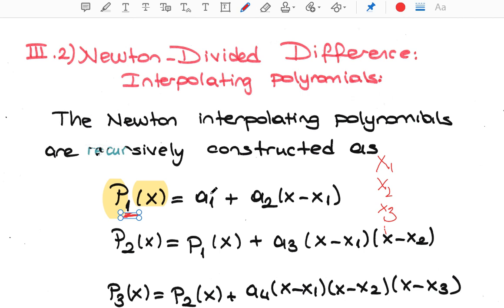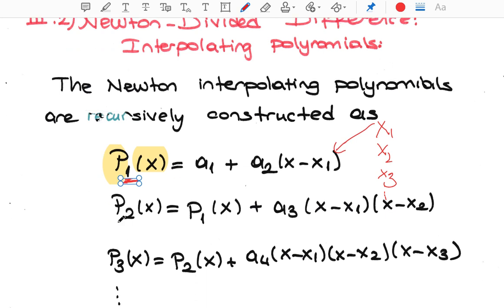Then you write a1 plus a2 times (x minus x1), which is my first component. Then, for instance, P2 can be written as a1 plus a2 (x minus x1) plus a3 (x minus x1)(x minus x2).